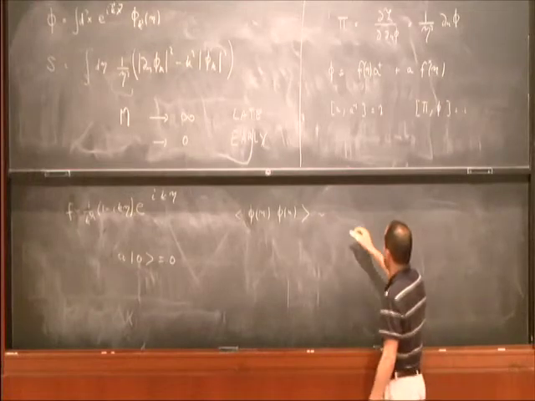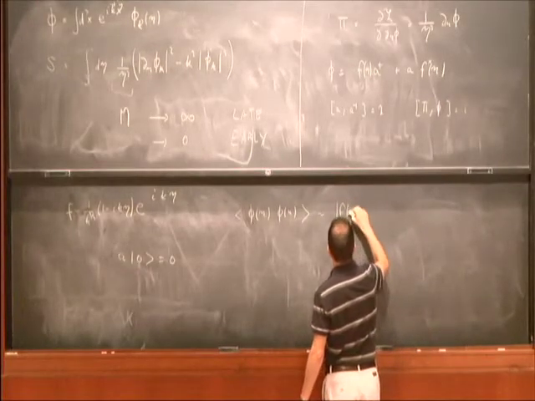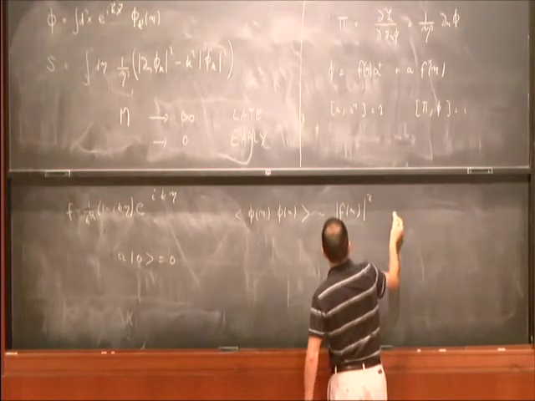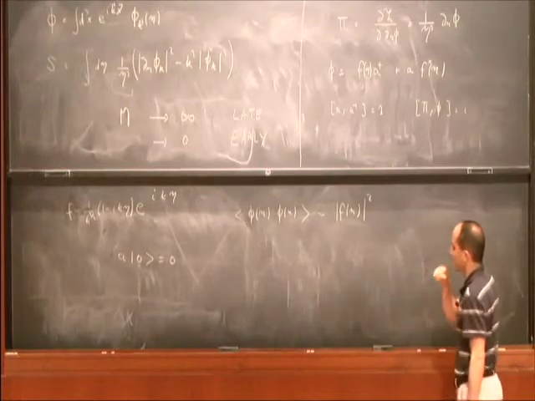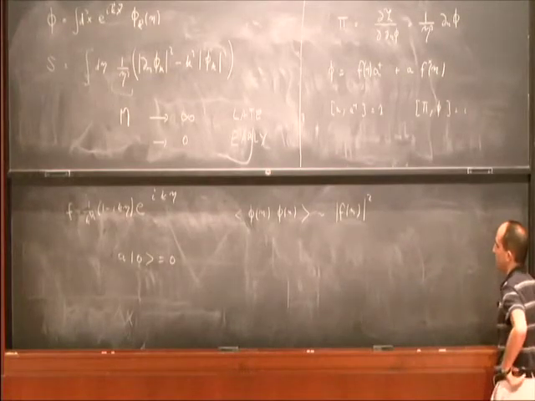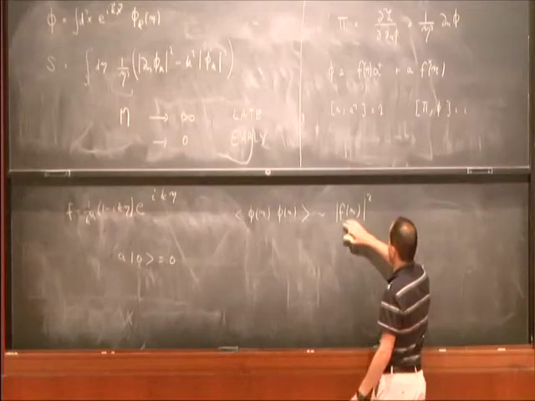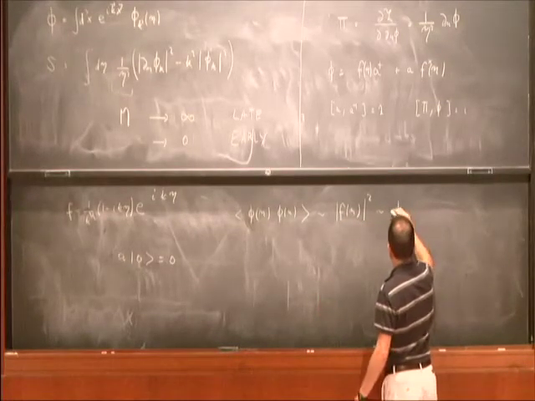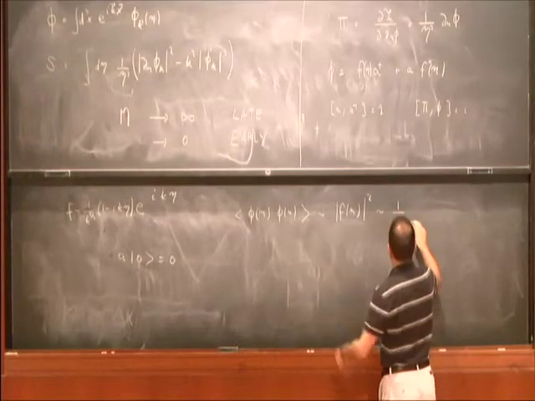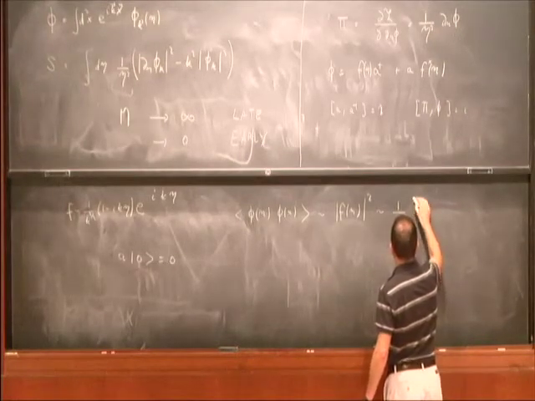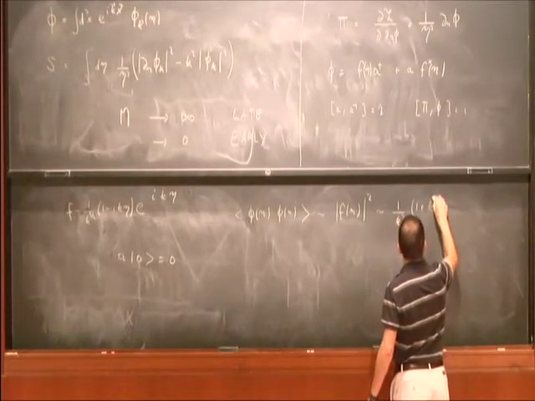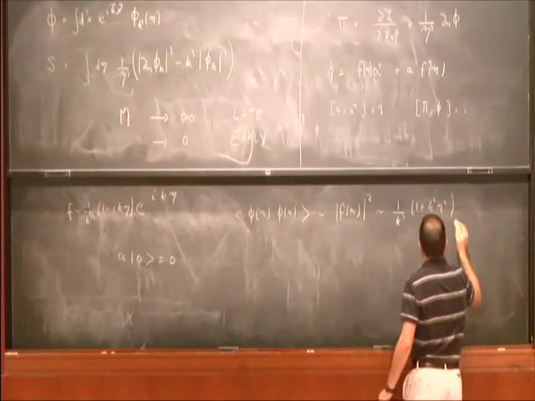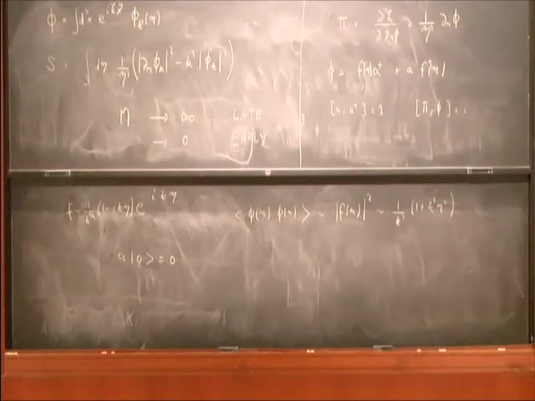And so this is equal to modulus of f of eta squared. Okay, and now we can insert that expression here and the expression we had over there. And so this is the expression we get for a massless field in Fourier space.